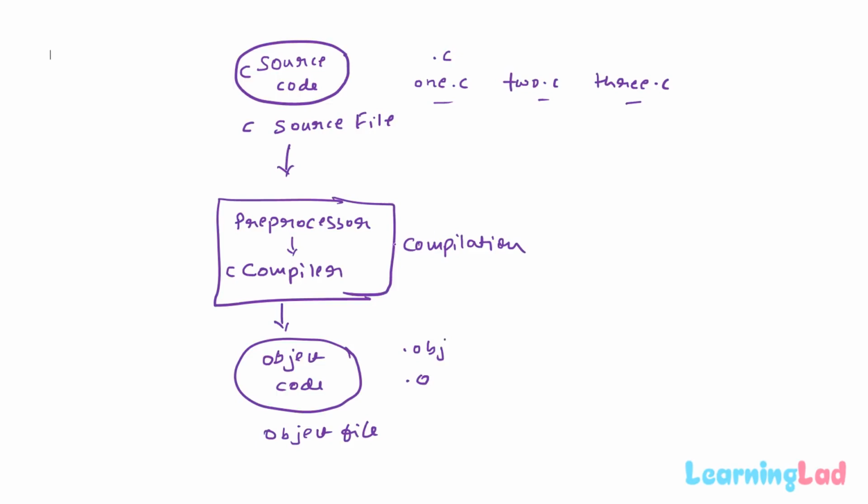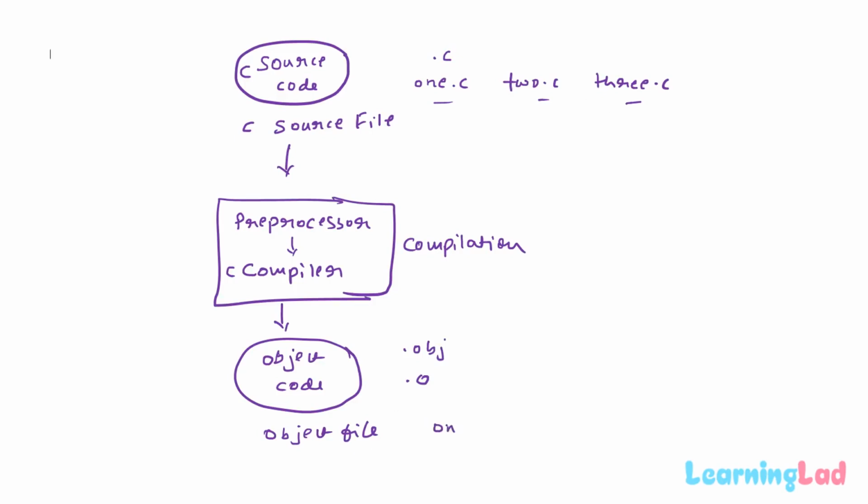Now I'm going to assume that the project I'm building has 3 files containing instructions written in the C programming language: 1.c, 2.c and 3.c. I have to perform this compilation process on each of them and generate the object code for each of them. So after the compilation process, I have the object code of these 3 files.